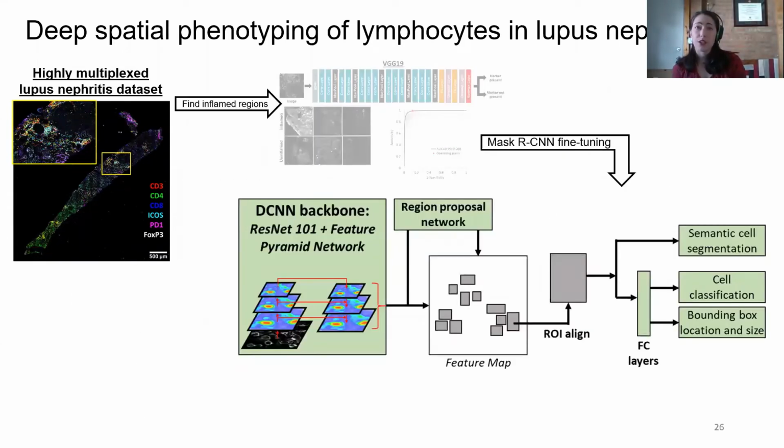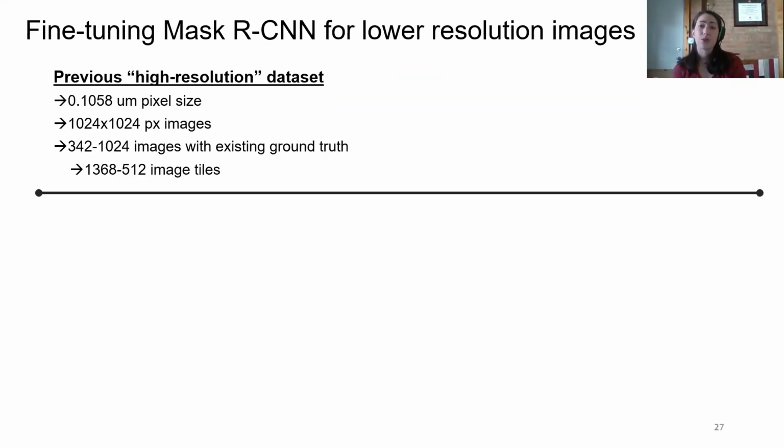From there, we move on to our Mask R-CNN fine-tuning. Rather than training Mask R-CNN from scratch, as that takes a lot of training data, we want to minimize the need for human intervention. Our previous high-resolution data set, which I talked about, was broken into 512 tiles to match the image size that we've broken up the high dimensional set into.